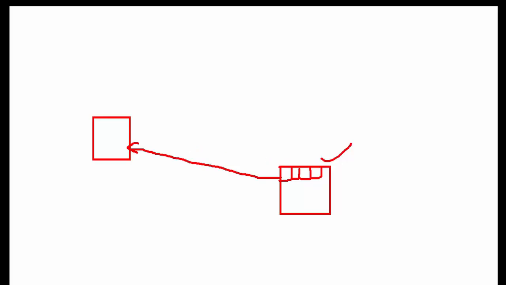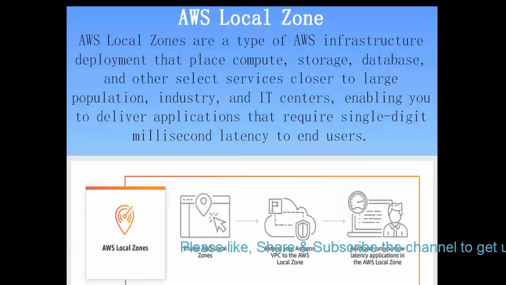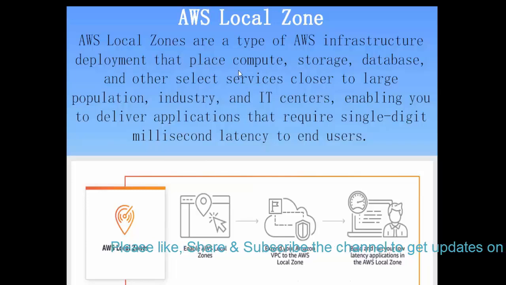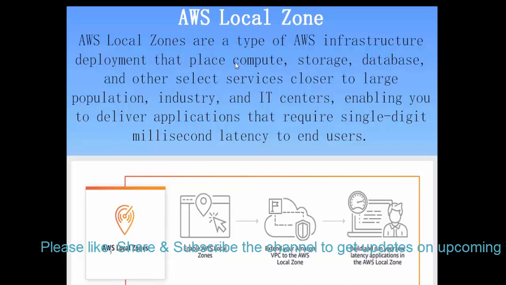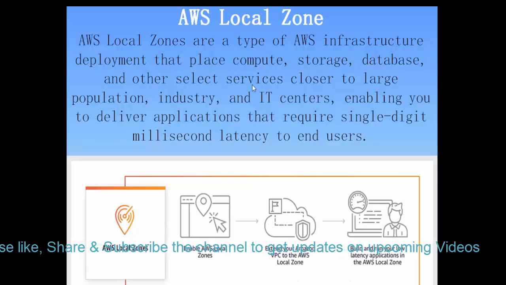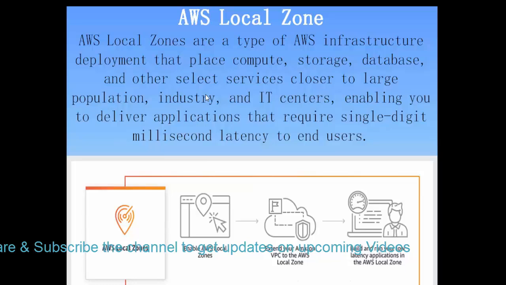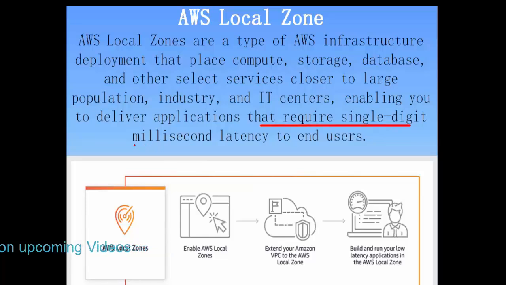So what AWS does is give one presence here, from where users can access. From here it can take the benefit of low latency, because from here it can get hardware like deployment, place compute, storage, database, and other selected services closer to the larger population, industries, and IT centers, enabling you to deliver applications that require single-digit millisecond latency to the end user.